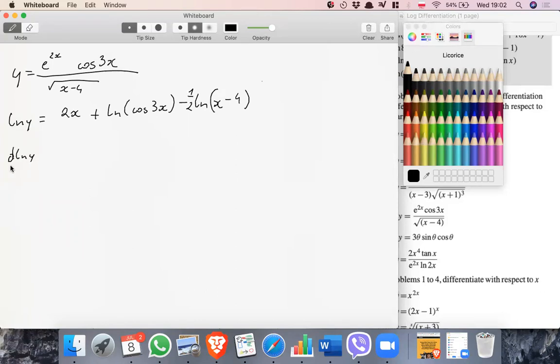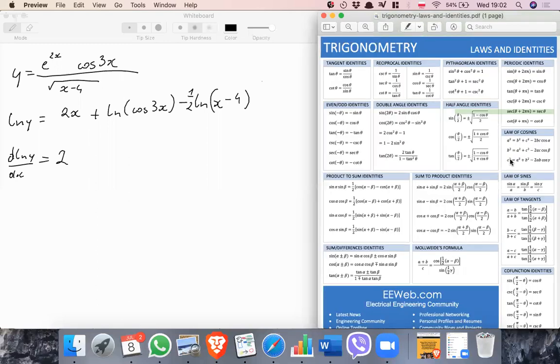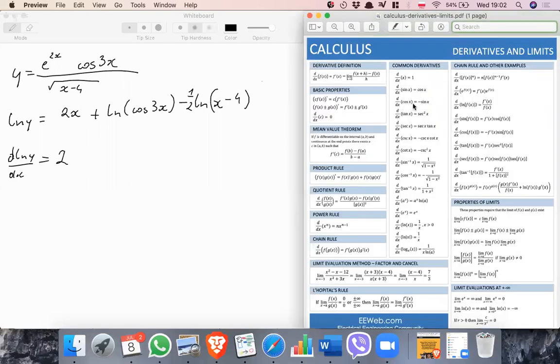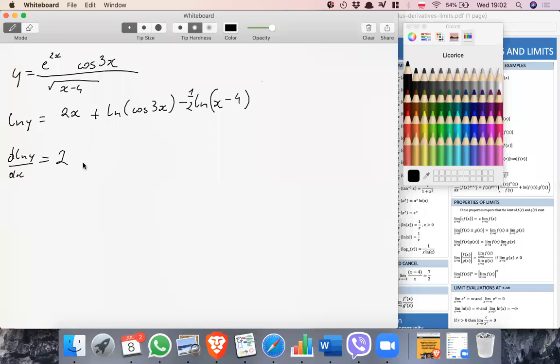So then the next step is to take d ln y. Derivative of 2x is 2. Derivative of natural log of cos 3x: first we have to take the derivative of cos 3x. Looking into my handout, derivative of cos is minus sine. So that will turn into minus 3 sine 3x.